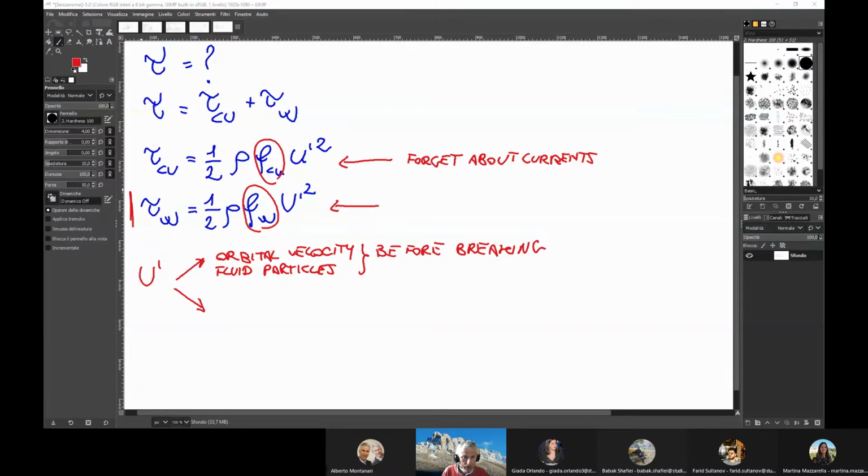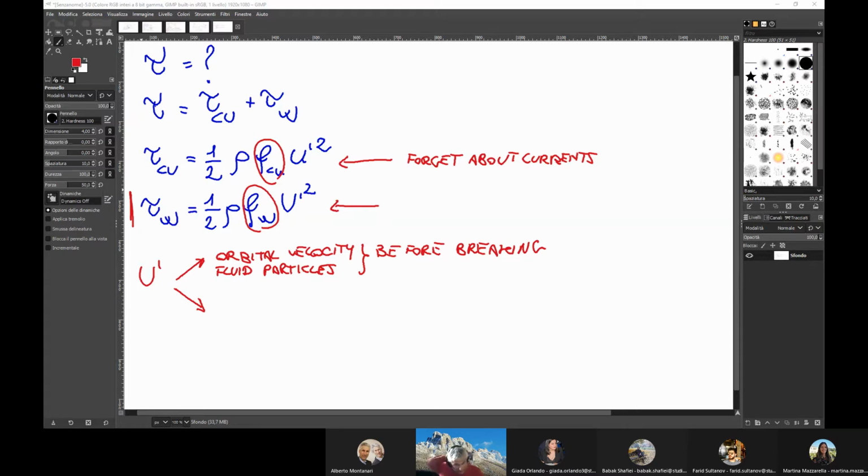Again, the Blackboard. Good. Okay, so in my web pages, you can also find a formula for estimating the orbital velocity, but it's not important that you remember it.